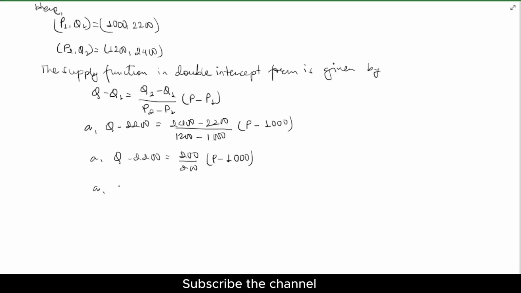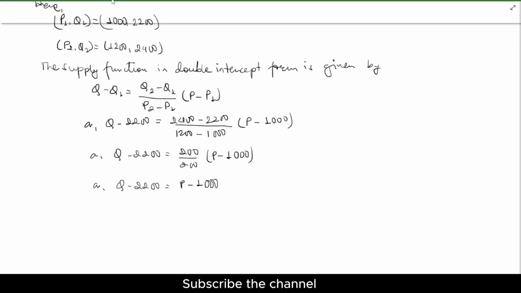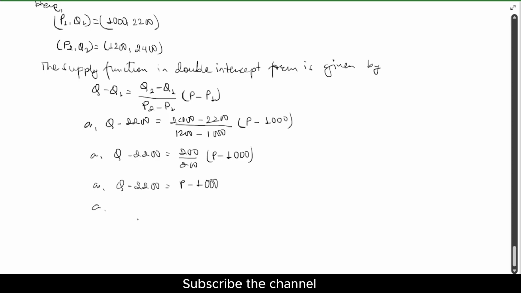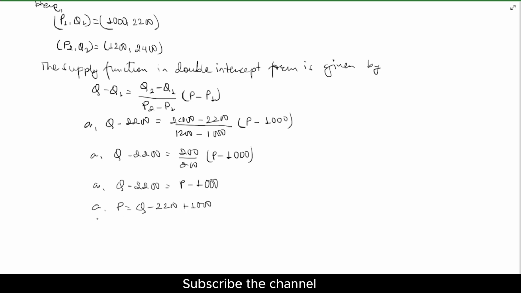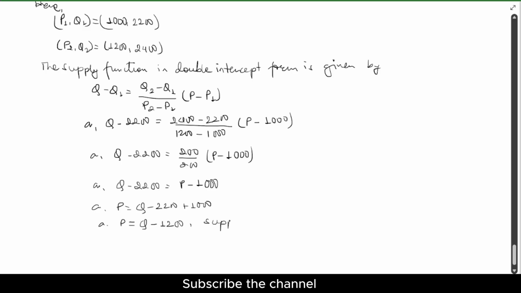It will be Q minus 2200 equals P minus 1000, or P equals Q minus 2200 plus 1000, or P equals Q minus 1200.